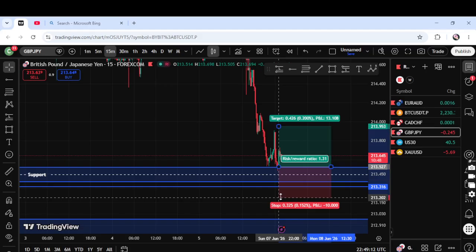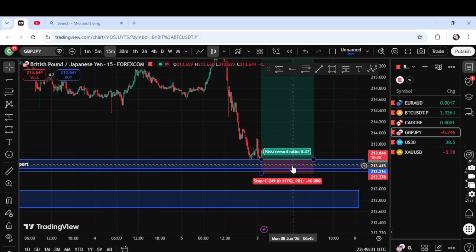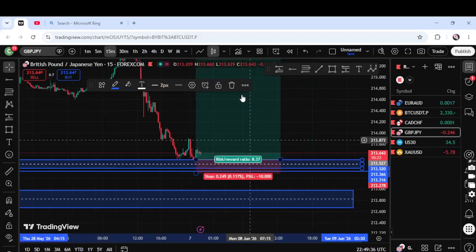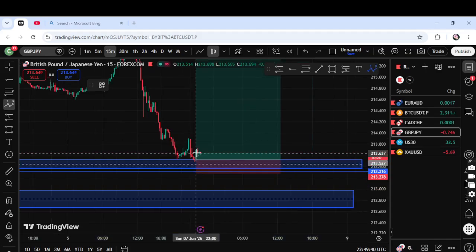So depending on your decision, you can write it down up to here. So this should be 1:8. It might move, but I will only enter if the trade plays out like this.